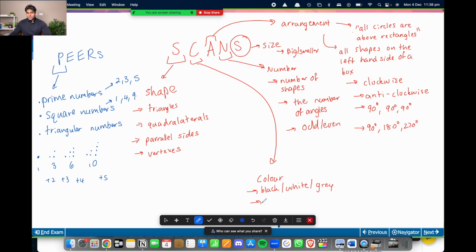With the UCAT, they can't really test you in a way that negatively disadvantages people who don't come from an English speaking background. So they give you these patterns that are kind of universal, regardless of which education system you came from. Most of these patterns, and I don't blame you if you don't remember, like triangular numbers and square numbers, they were from primary school.